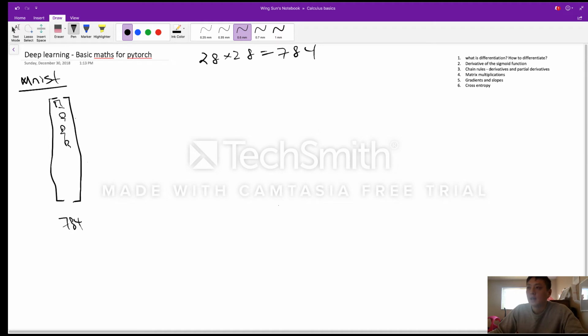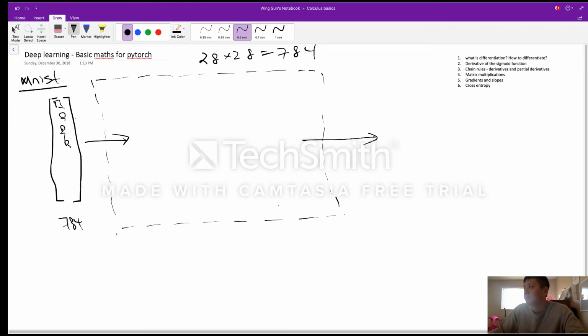Right off the bat, you have this thing called the hidden layer. Whatever separates the input and the output, that's the hidden layer, sitting between the input and the output.